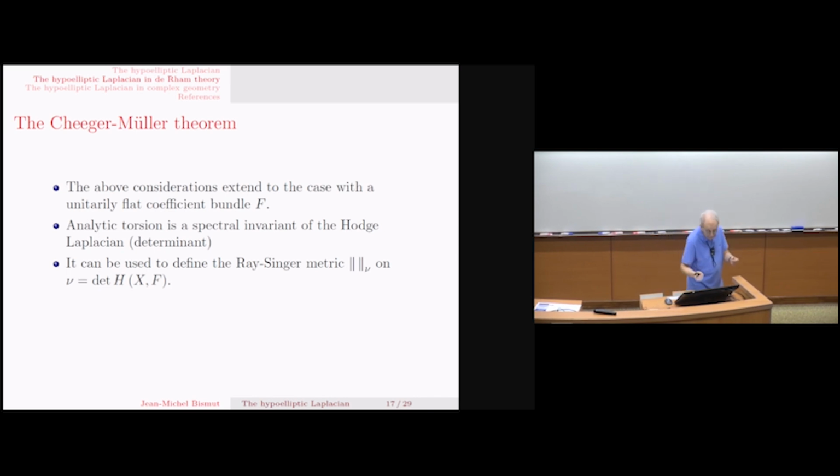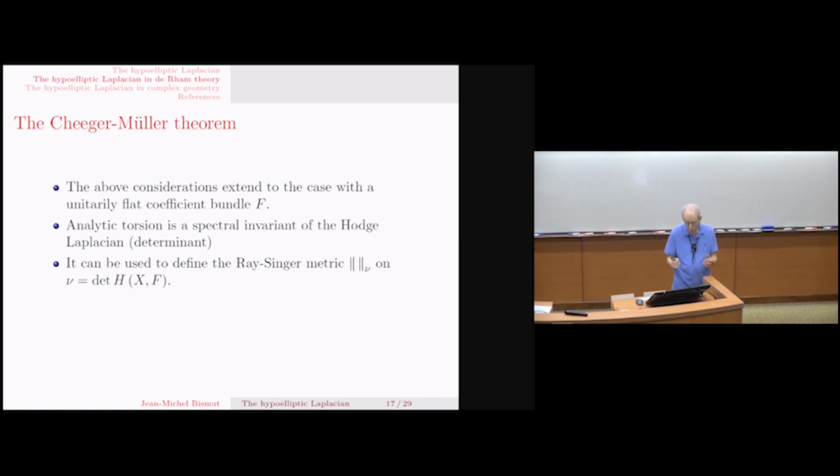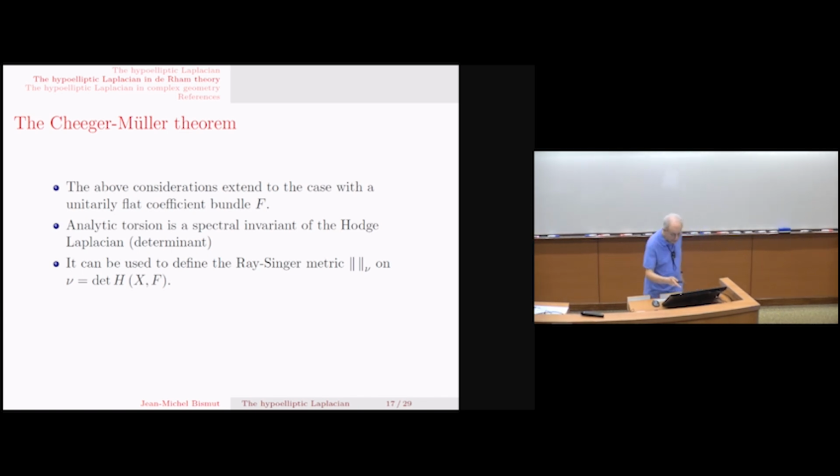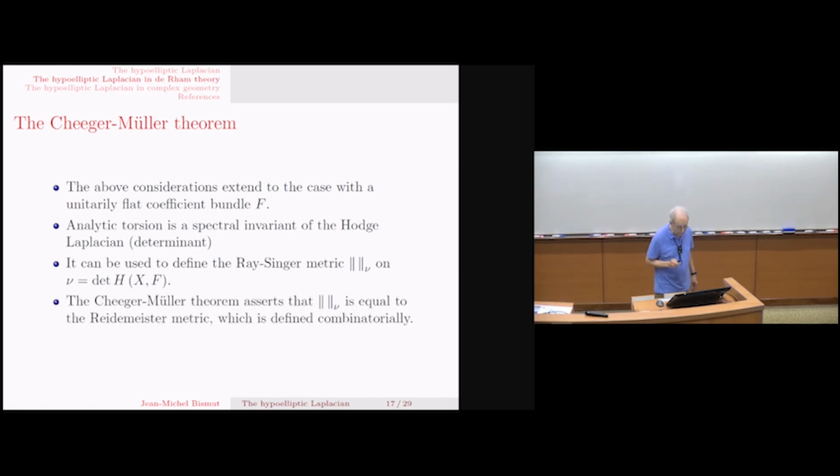So actually, I had to introduce before the coefficient bundle. Everything that I mentioned with real coefficients can also be extended to the case where we have a flat coefficient bundle. And so using analytic torsion, you can define a metric on the determinant of the cohomology, which is a sort of real analog of the Quillen metric in complex geometry.